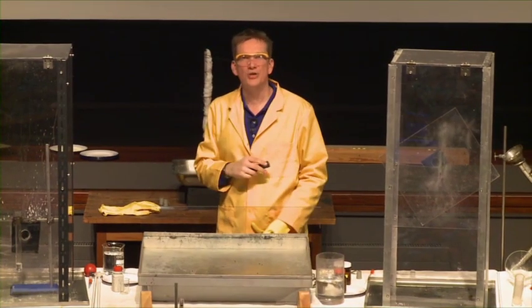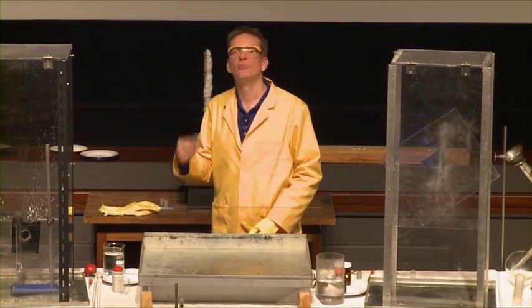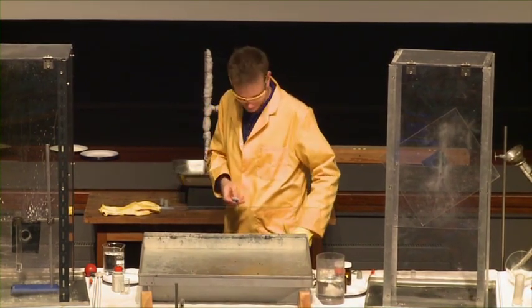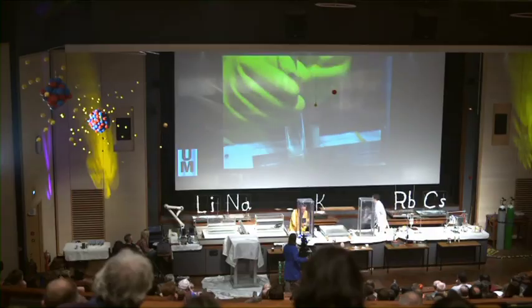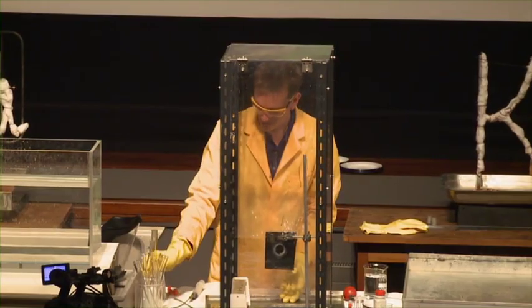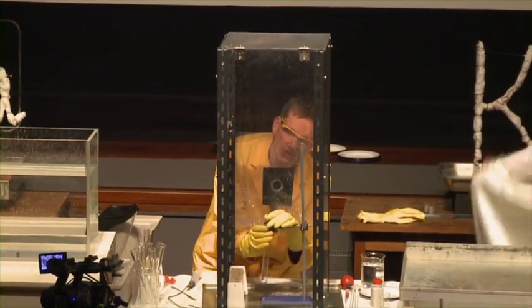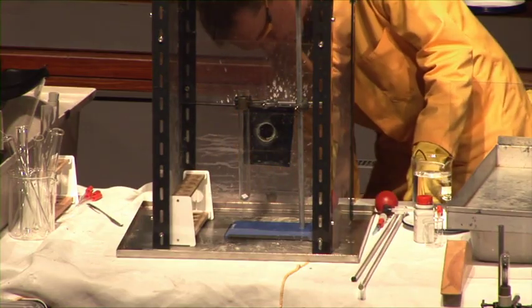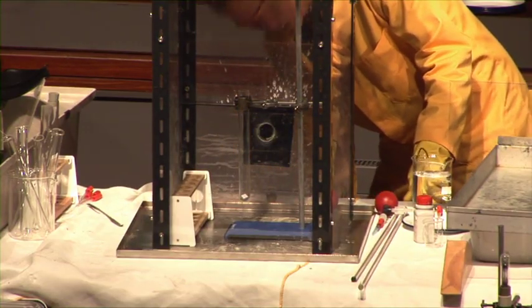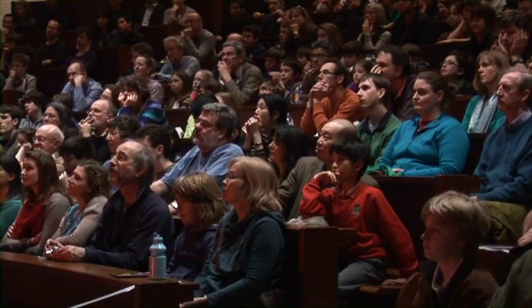But what we're trying to do now is see if we can tell the difference between the reactivities of the different metals. So out with the lithium, in with the sodium. Now again, it's the same quantity of metal, but does it react any more vigorously? I'm going to add the same quantity of water.